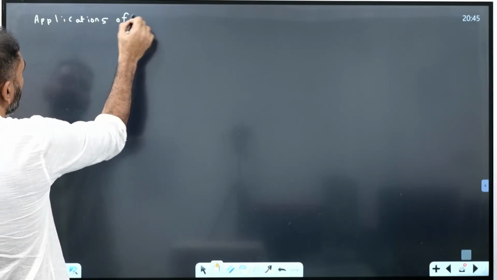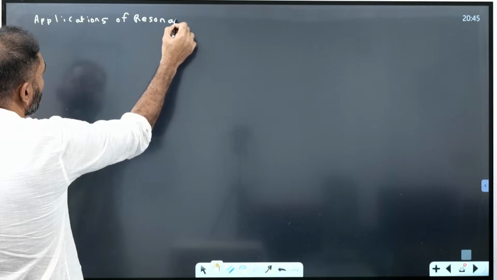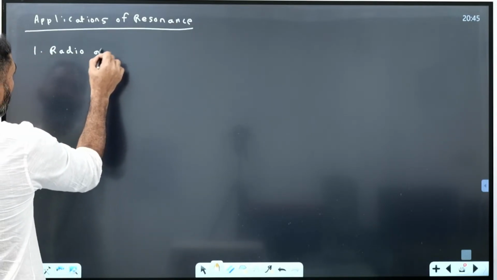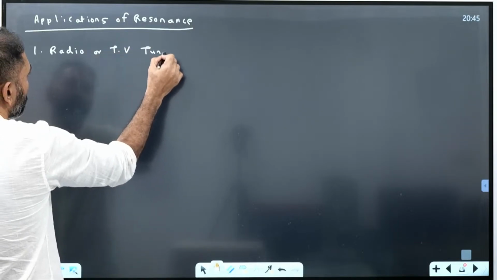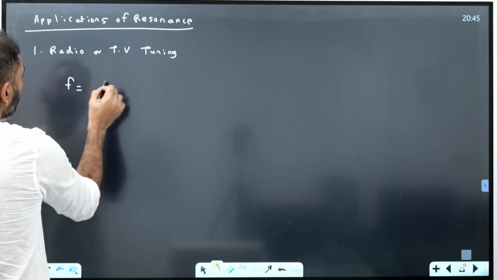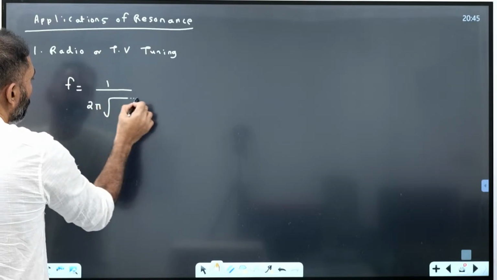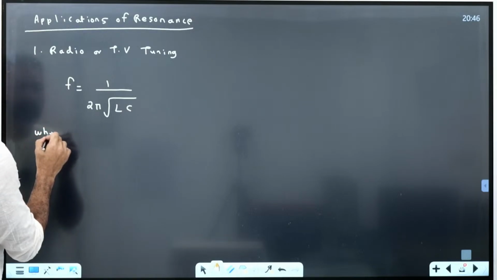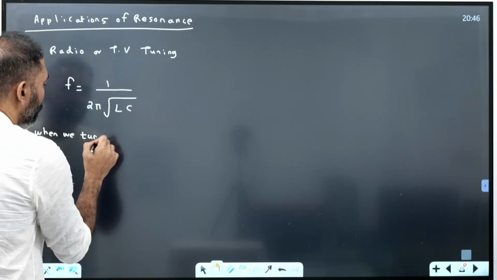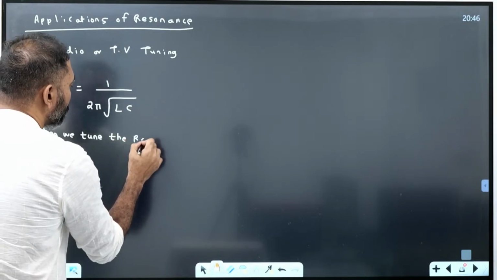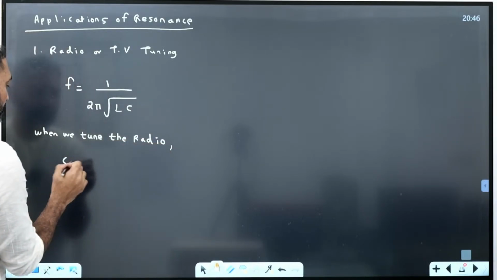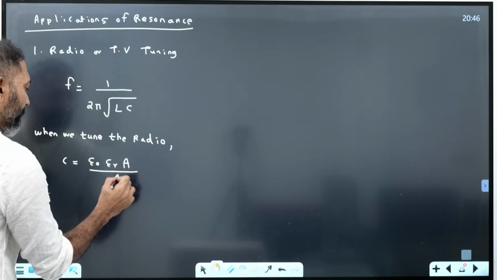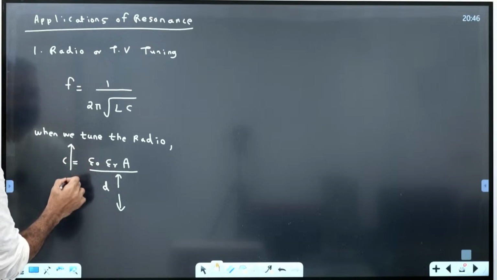Applications of resonance. The first one is radio or TV tuning. F equal to 1 by 2 pi root LC. When we tune the radio, C is equal to epsilon 0, epsilon R, A by D. When the distance between capacitor plates varies, capacitance varies.